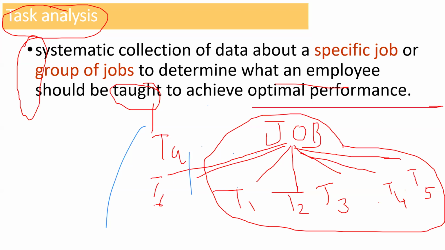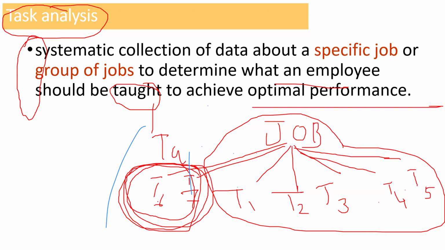Task 6 and task 7 need to be added in order to have a higher performance. Once these tasks are added, obviously the current employees do not know anything about these newly added tasks, and they must be trained. So in this case, a training intervention is supposed to be developed, right?